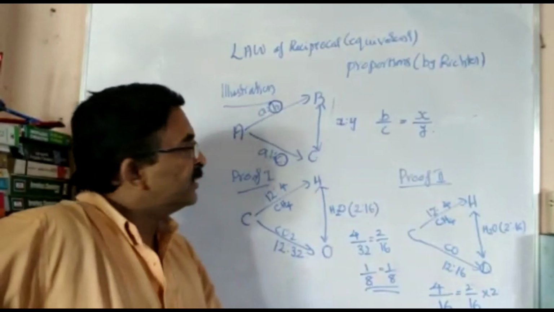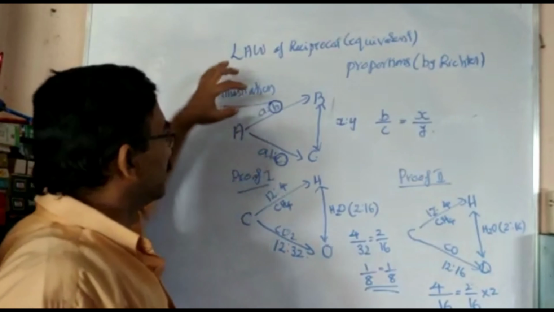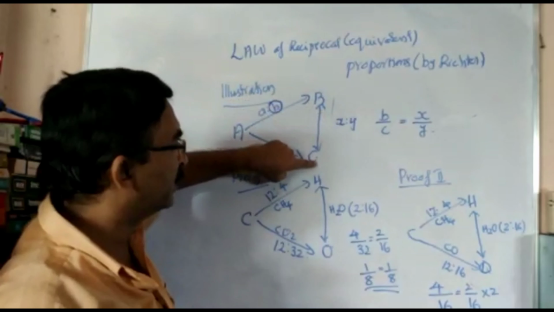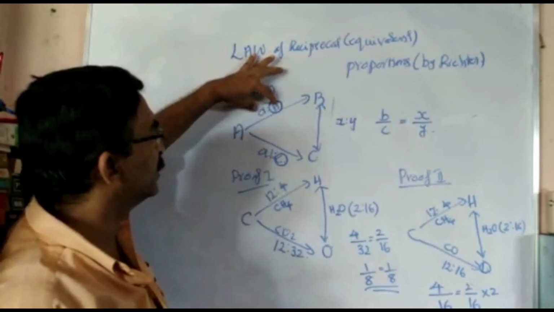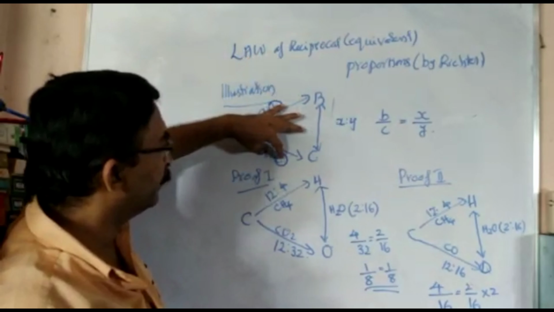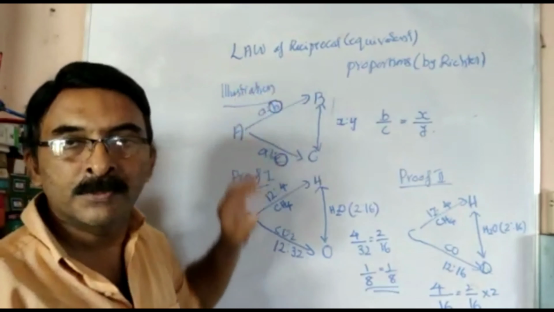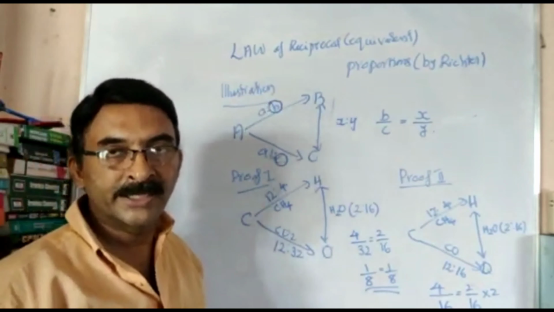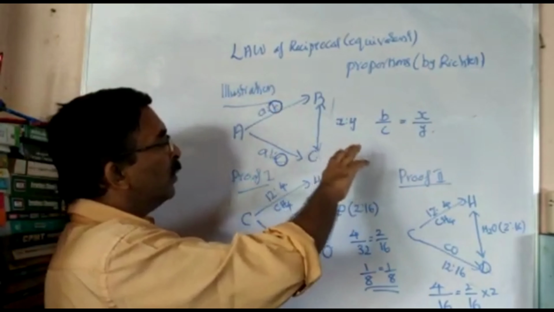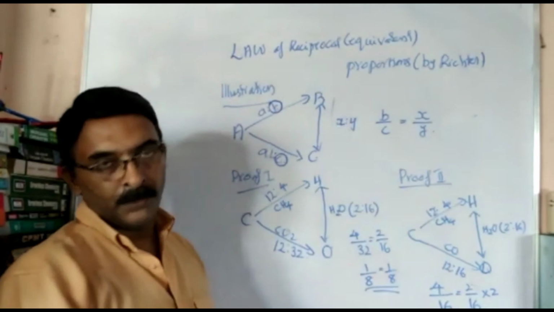As a statement I can repeat: if element A separately combines with B and also with C in the respective mass ratio A is to B and A is to C, then in a third possible combination between B and C, the mass ratio will be B by C or a simple multiple of it.